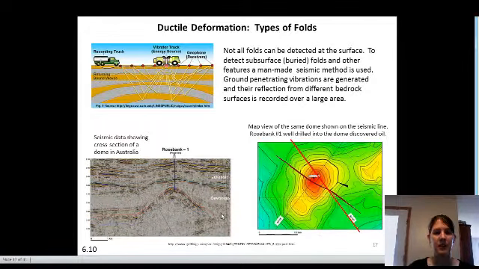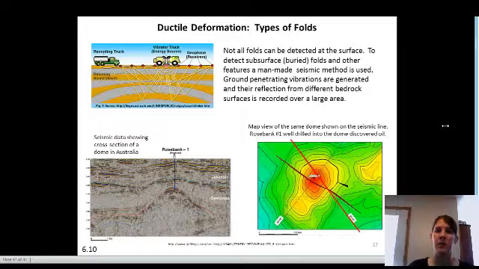And you get this peak here at a depth of, I think, 1,200 meters, indicating that there is a subsurface fold right here. This is the same subsurface fold, and what they did is they actually drilled into this dome or this fold and discovered oil.